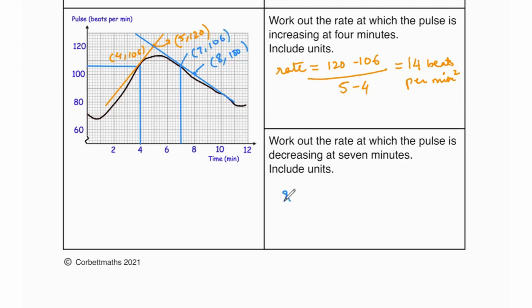So we do 106 minus 100 over 7 minus 8, which is going to be negative beats per minute squared.